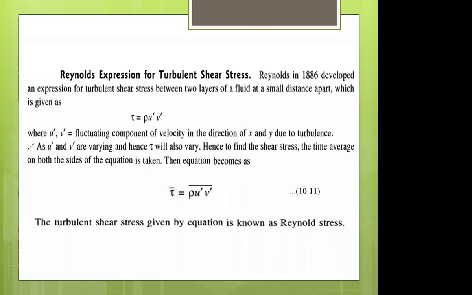Write down there below. As u dash and v dash varies, hence tau also varies.